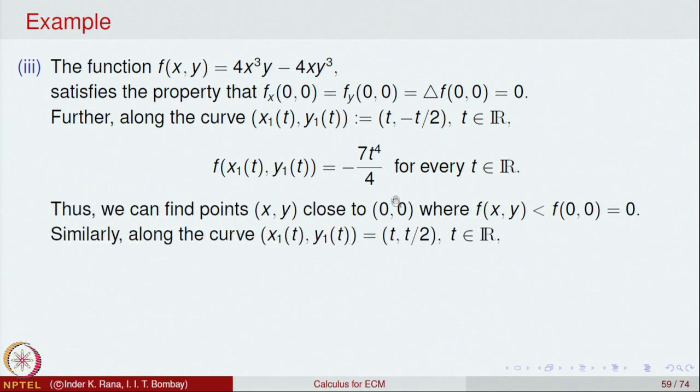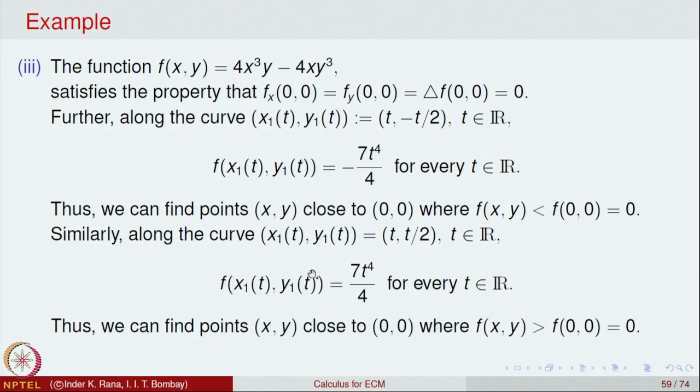And similarly, if we change to the curve x(t) equal to t and y(t) equal to t by 2, along this curve which is passing through (0, 0), the value of the function is 7t^4/4. So, it will be positive. So, very close to (0, 0) the function takes both positive and negative values. So, (0, 0) is a saddle point for this function and the test fails.